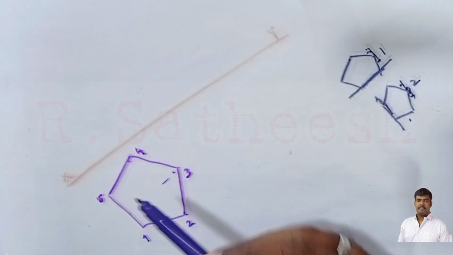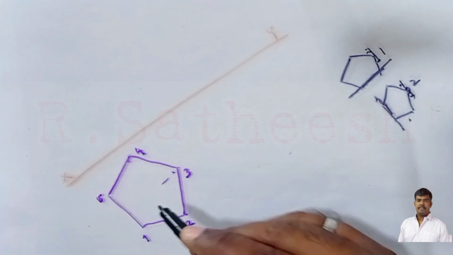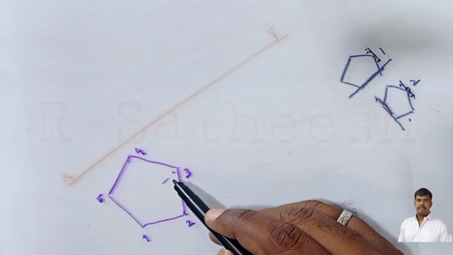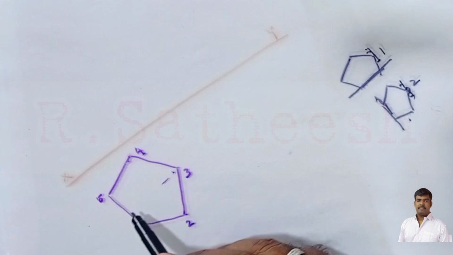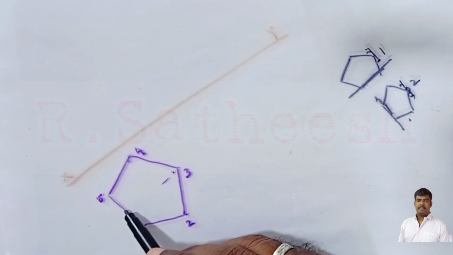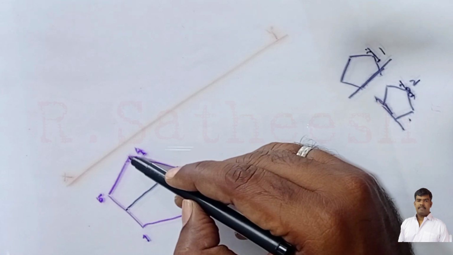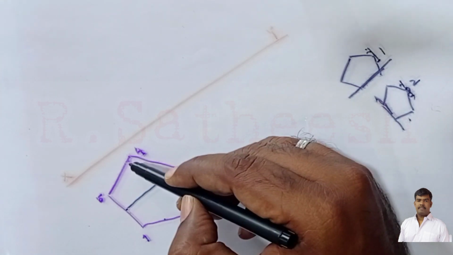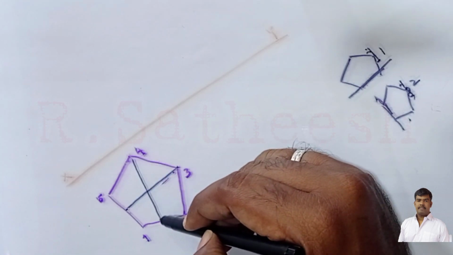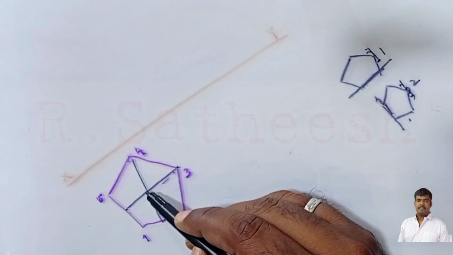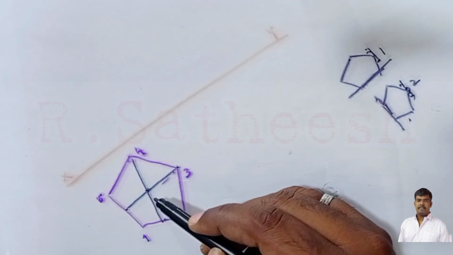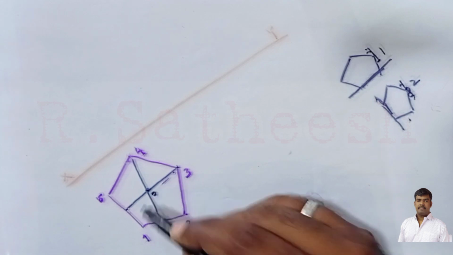Where is the axis in this case? We know that in an odd-sided polygon, we join a corner and its opposite side midpoint. Similarly, this corner and its opposite side midpoint we join. Where any two lines intersect, that is the center.